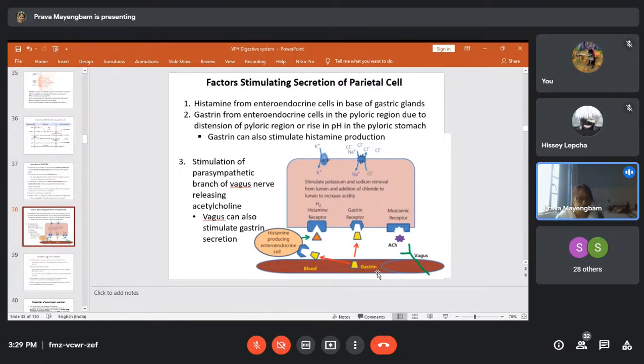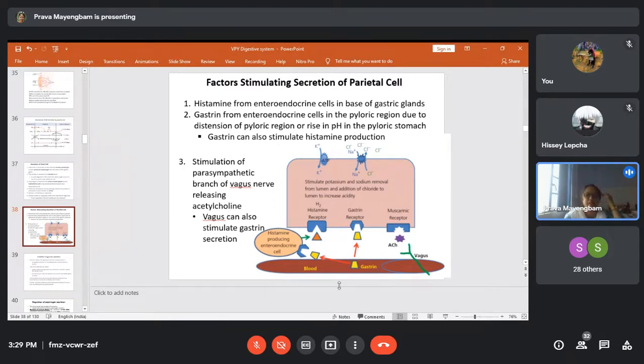Gastrin production is going to stimulate histamine production. When there is more histamine, it is going to stimulate HCl production.